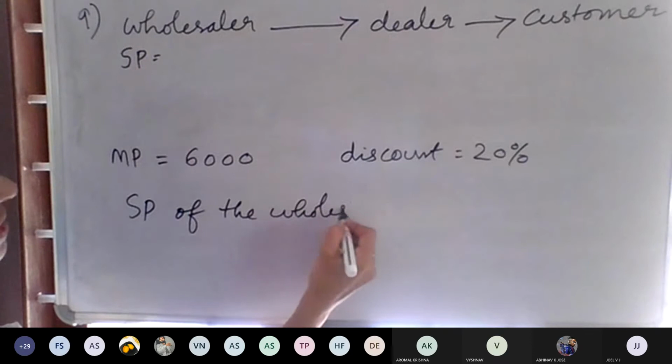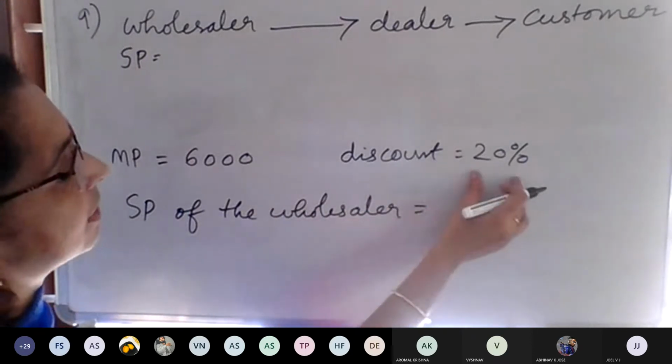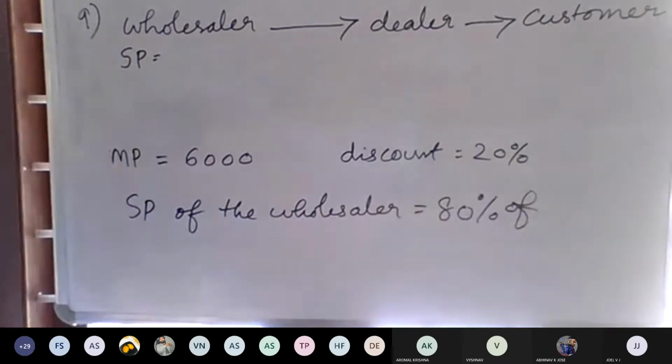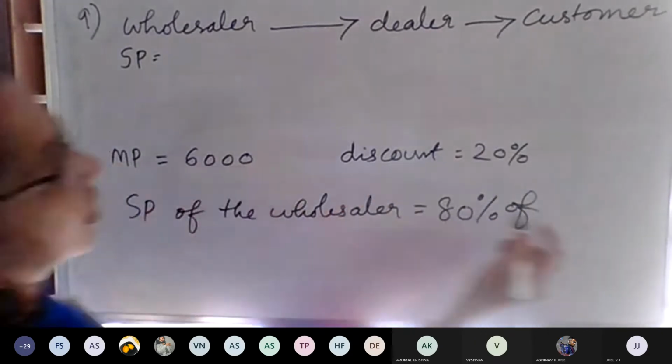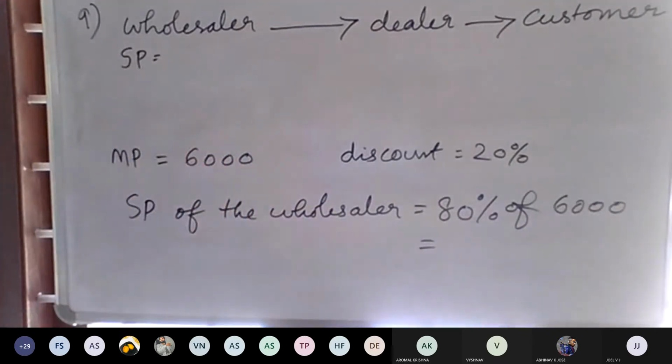Selling price of the wholesaler will be 80% of the marked price, since he gives 20% discount. Marked price is 6,000. Understood? So selling price will be 80% of 6,000.